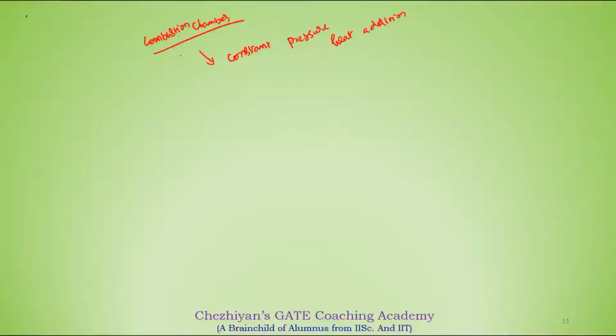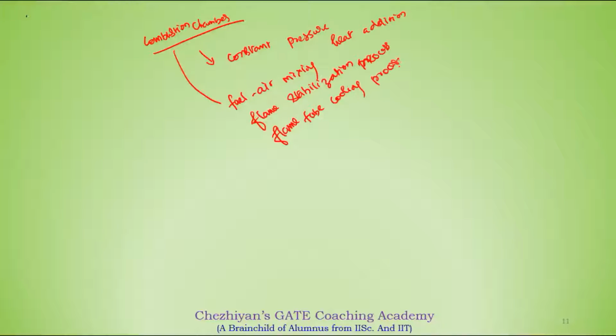But if you look at your combustion chamber, because of fuel to air mixing, the flame stabilization process, and the flame tube cooling process, there will be a pressure loss. So that we have to consider. Accordingly, you have to give a pressure correction for that.